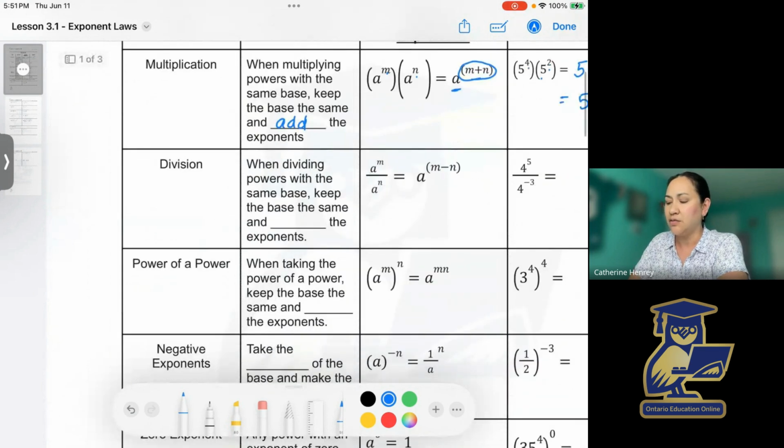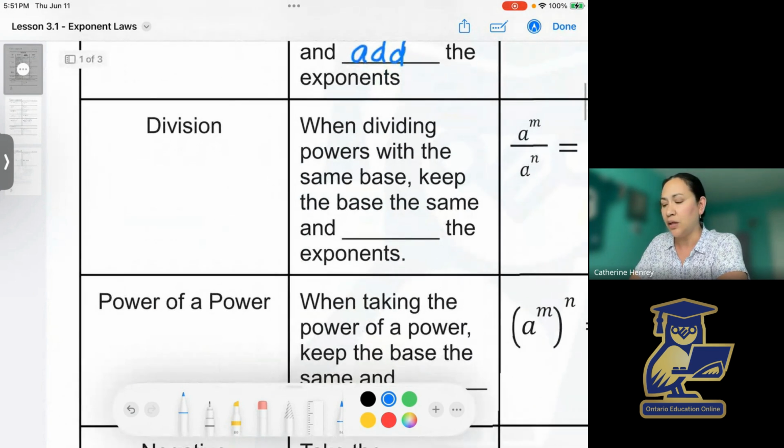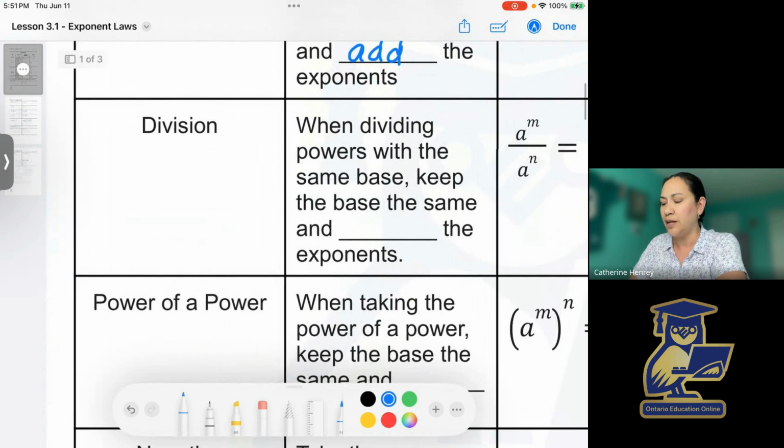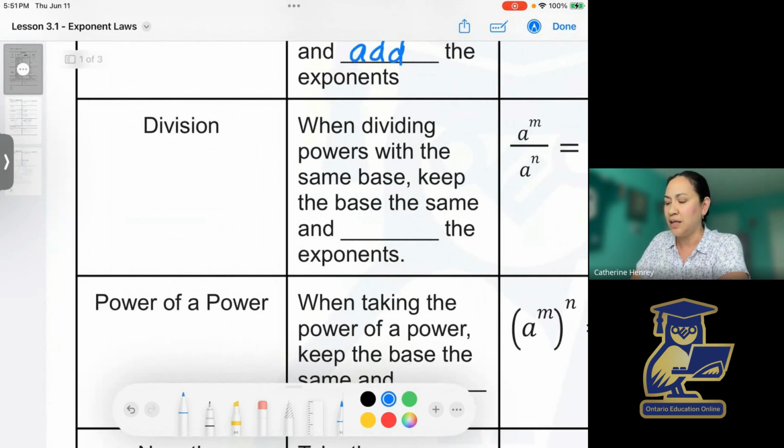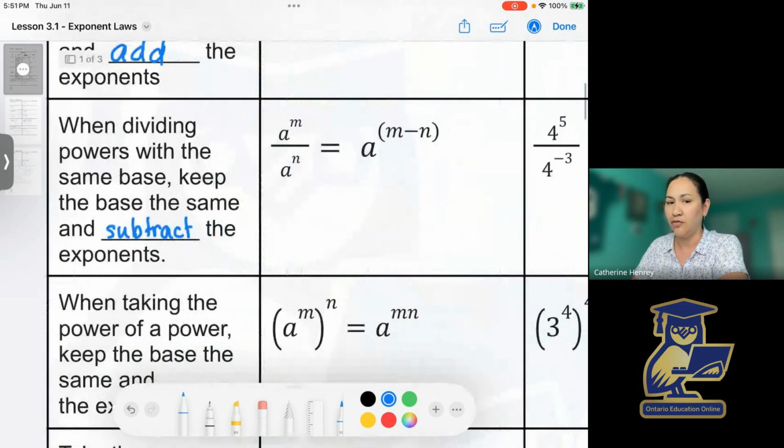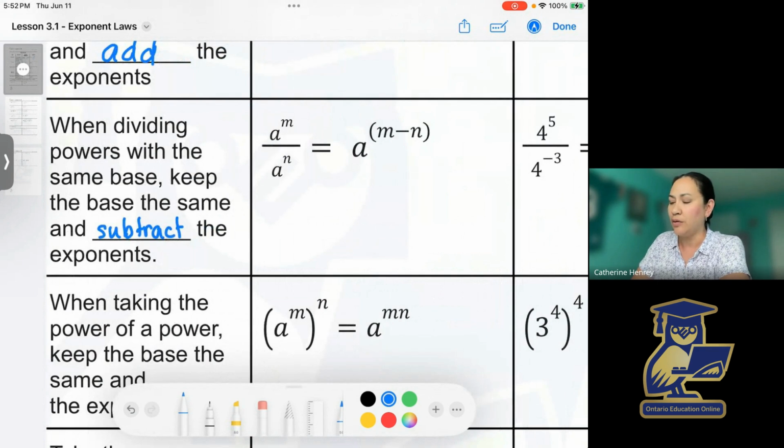So let's take a look at division. The law for division is when we're dividing powers with the same base, keep the base the same, and here we're going to subtract the exponents. Algebraically, if we have a to the power of m and I divide it by a to the power of n, then I keep the same base and I subtract the exponents.